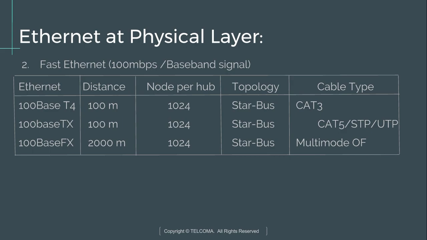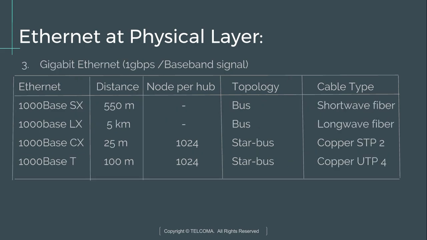The 100 base TX transmits over a distance of 100 meters, and it can use cable types like category 5 cable, STP (shielded twisted pair) and UTP (unshielded twisted pair) cables. The next is 100 base FX. It transmits signals over 2000 meters using multi-mode optical fiber cable.